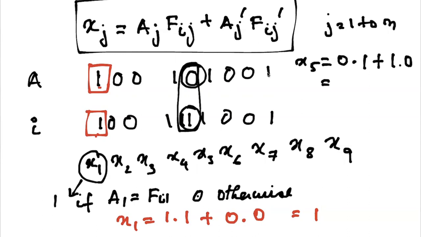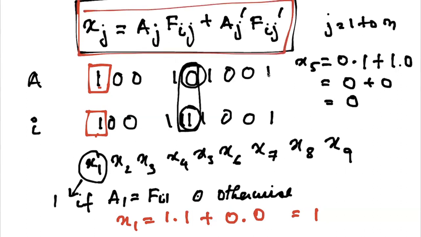So what do I get? I get 0 or 0, which is 0. So x5 would become 0. That means these two bits are not matching. So this particular Boolean function tells me whether the corresponding bits match or not.